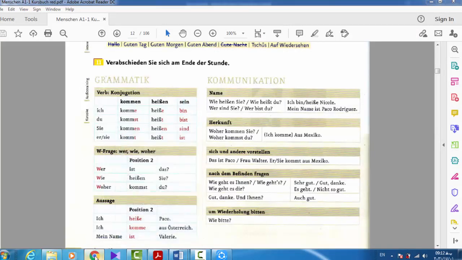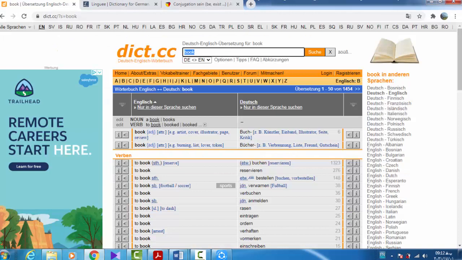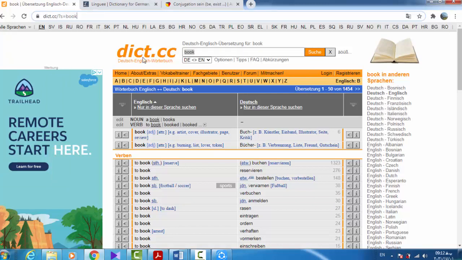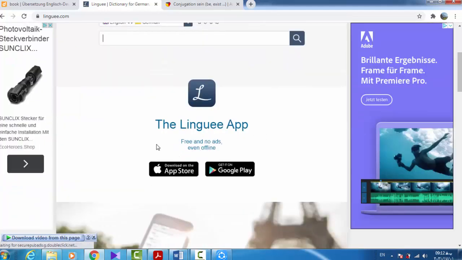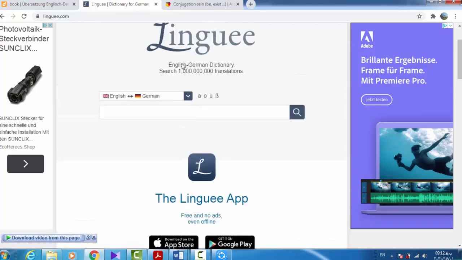But I want to introduce these websites to you. They are very useful. This website, dict.cc, translates German to English or English to German, and it also has an app for Android and Apple.